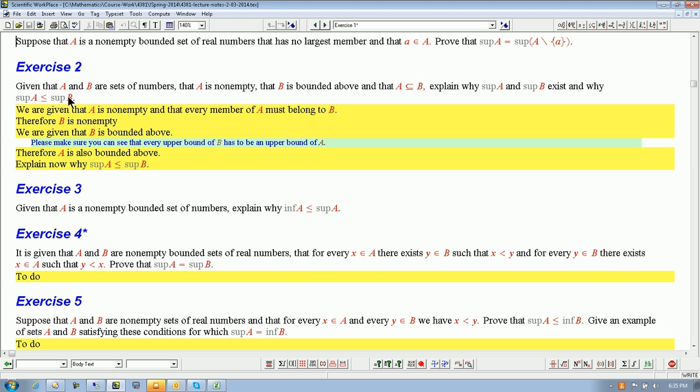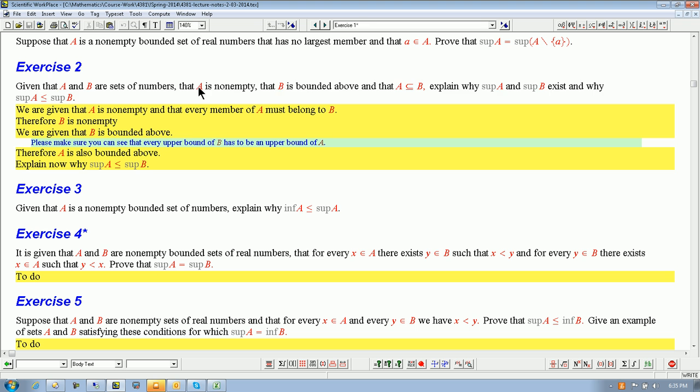Last time, in looking at this problem, where we're given two sets A and B of numbers, and A is non-empty and B is bounded above and A is a subset of B, explaining why sup A and sup B exist involves some observations about why the two sets have to be non-empty and both bounded above.